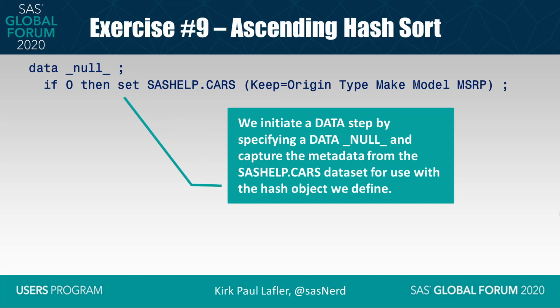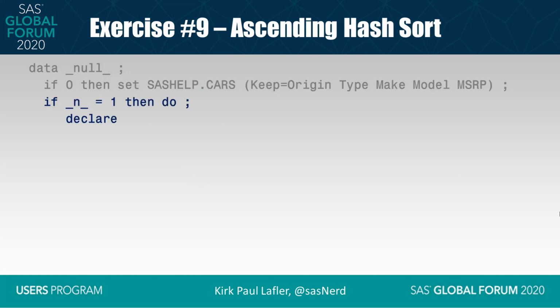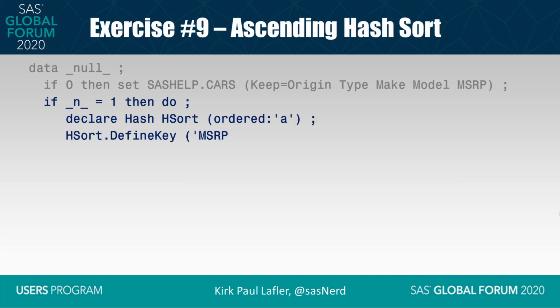In this case, we're not going to actually name our data set on the data statement. We're going to use underscore null underscore, because we're going to use the output method to name our data set later. If 0, then set SASHELP.CARS captures and collects the metadata from the SASHELP.CARS data set.